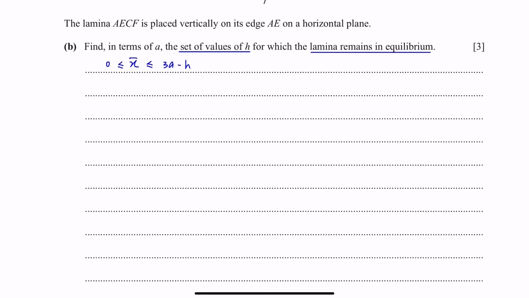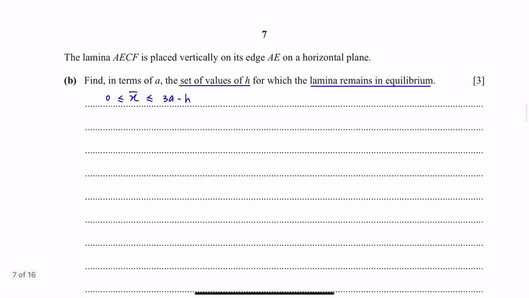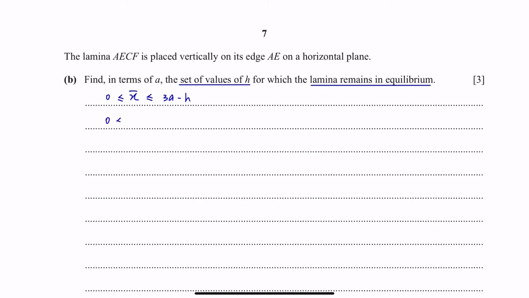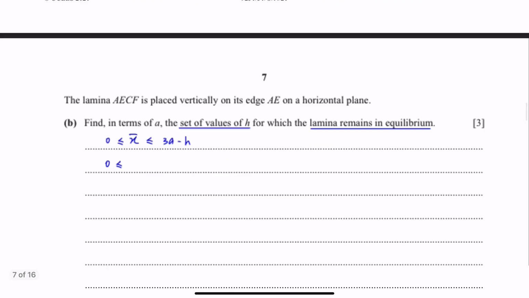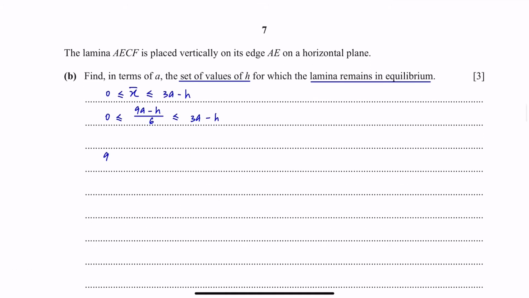Okay, so now we can equate whatever we found here into this x bar. So we have 9a minus h over 6 less than or equal to 3a minus h. And 9a minus h over 6 more than or equal to 0.